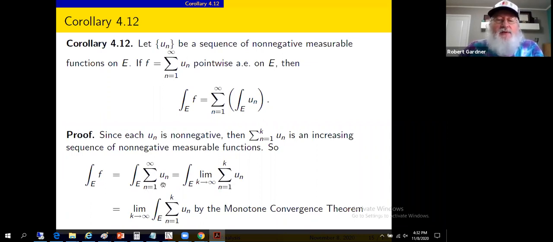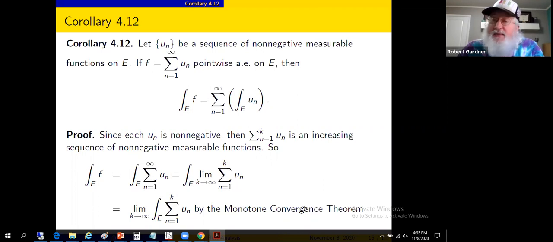A series is actually a limit. It's a limit of a sequence of partial sums. So let's take this series and write it as the limit as k approaches infinity of the kth partial sum. That's just the very definition of a series. Can you bring limits outside of integrals? You can here, because we've got a monotone increasing sequence of non-negative measurable functions.